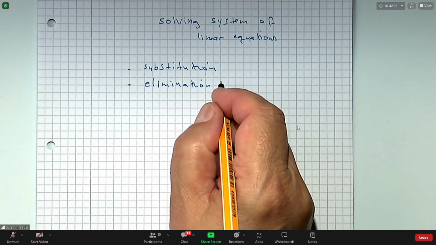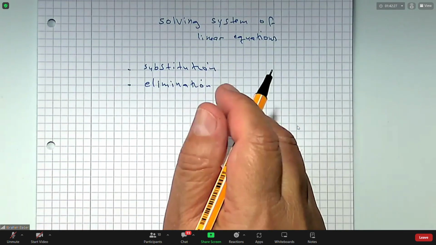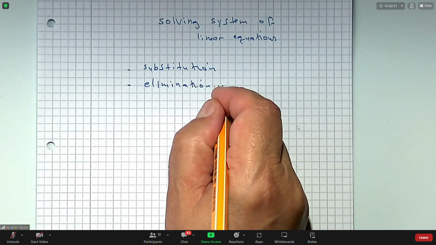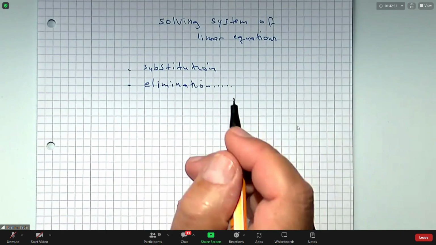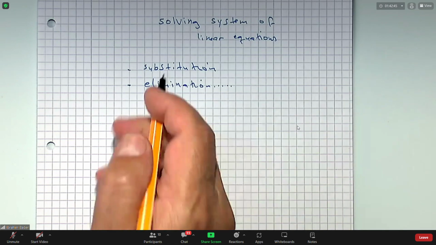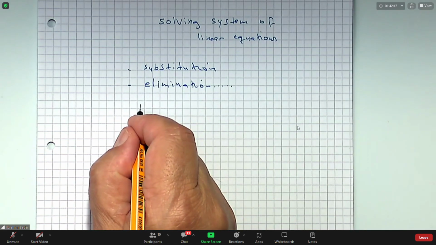That's why I want to focus in this lecture on the elimination method. The elimination method has the same basics, which is the so-called elementary row operations.